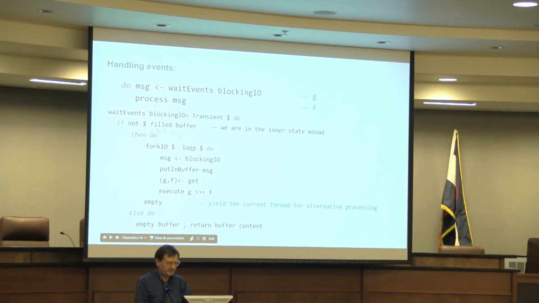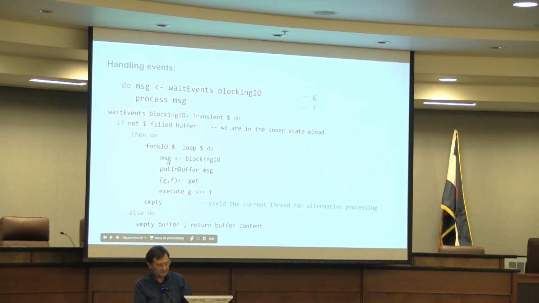If we are in the underlying state monad, the state which is inside our monad, we use a buffer which initially is empty. We fork a loop with the execution of the blocking I/O.